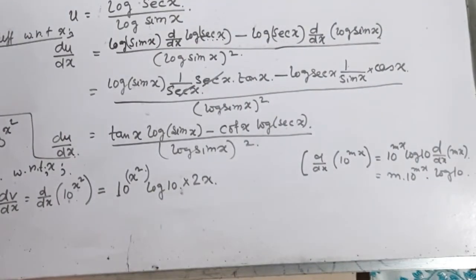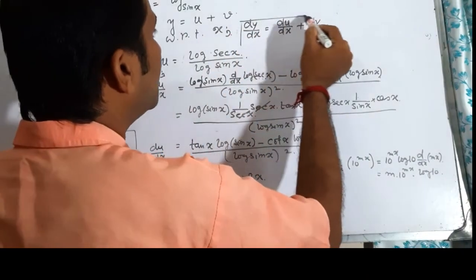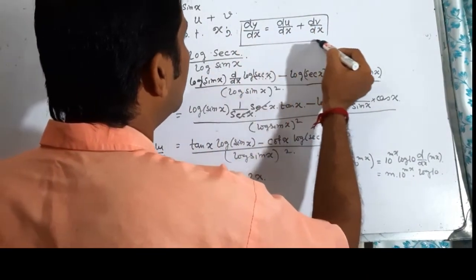So our required differentiation is dy/dx is equal to du/dx plus dv/dx.